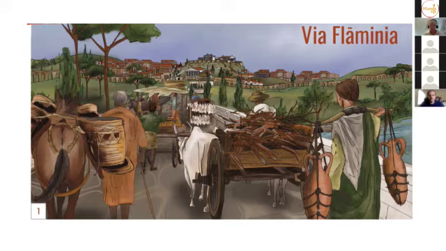And I just want to run through some of the questions that we have asked and sometimes answered. But here are some of those questions. Who and what can we see on the road? What materials and goods are being taken into Rome? How are the different goods and materials being transported?